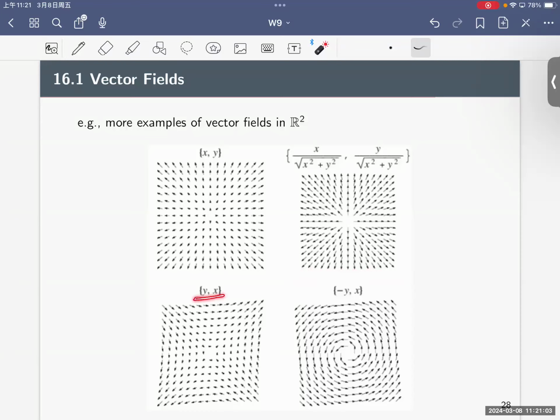And if this vector field is y, -x, or negative y, x, it will look like those. See, according to different functions, you will see different kinds of vector fields in 2D. Okay, I'll stop here and continue on.